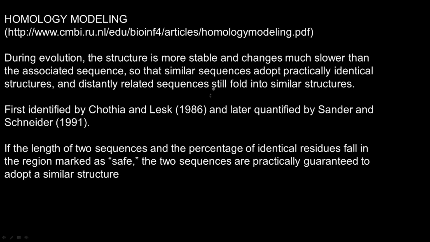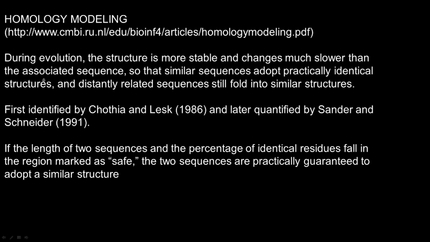This information is available in this PDF. I'm just giving you a summary of that. During evolution, the structure is more stable and changes much slower than the associated sequences. So the structure remains almost the same even if there are small changes in the sequences. That's the finding from evolution.